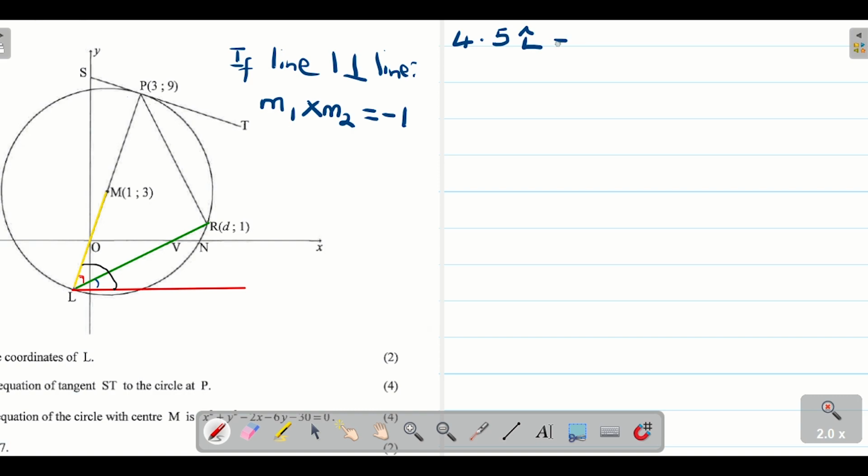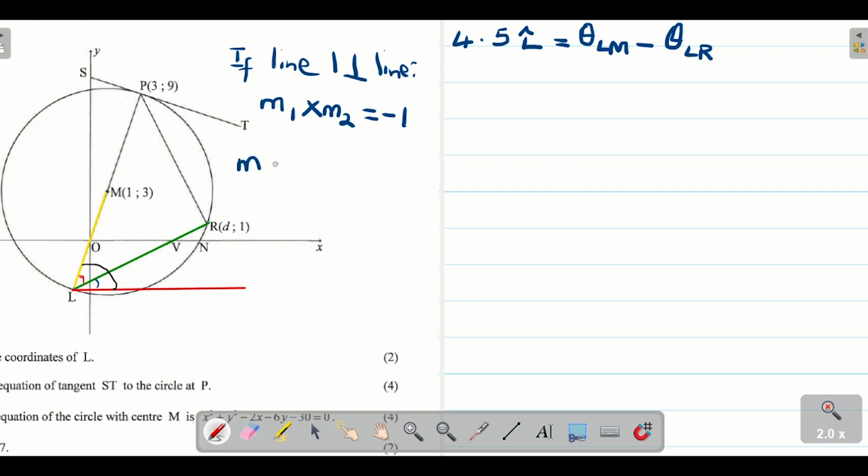4.5. We know that in order for us to find angle L, we must take the angle of inclination of line LM, and we must minus the angle of inclination of LR. Now, how do we find the angle of inclination?